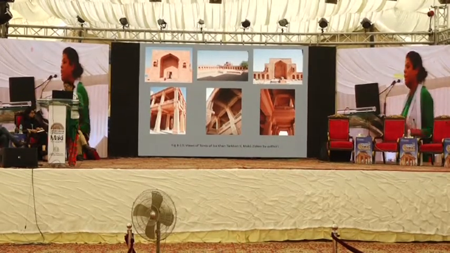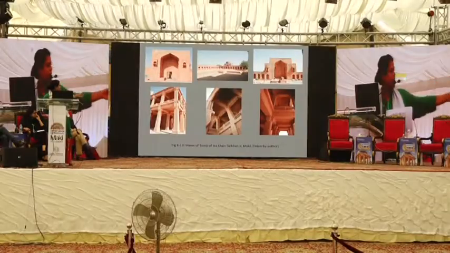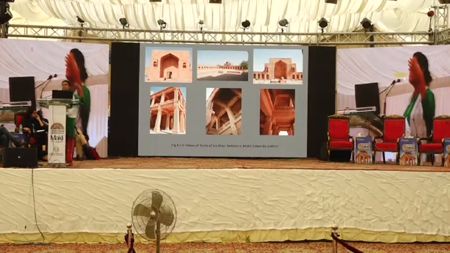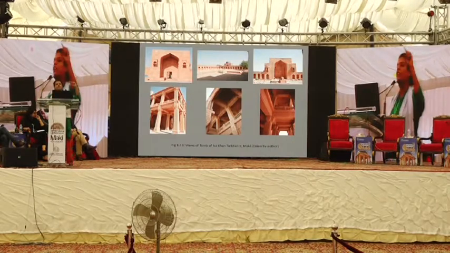right in the front. So if you can observe the pillars, or the columns, of the gallery, it uses a four-bracketed capital, but it uses muqarnas moldings as a decorative element. The four-bracketed capital is something that has been a prevalent tradition at Makli, and 150, 200 years later, we still see the use of a four-bracketed capital.